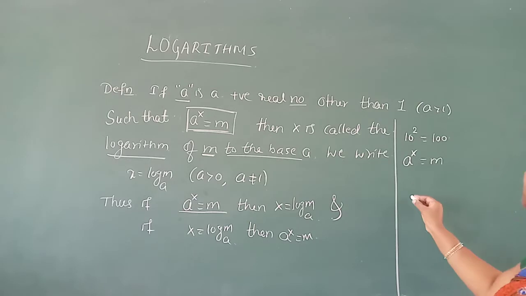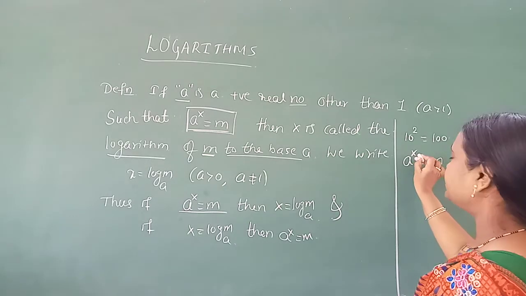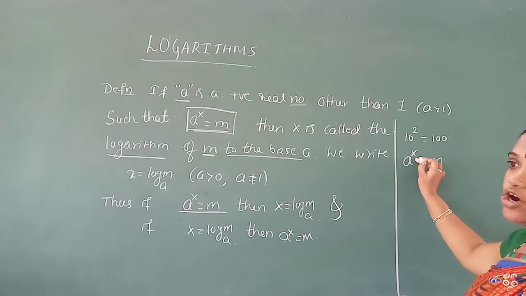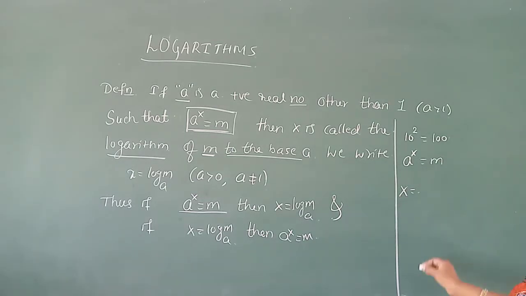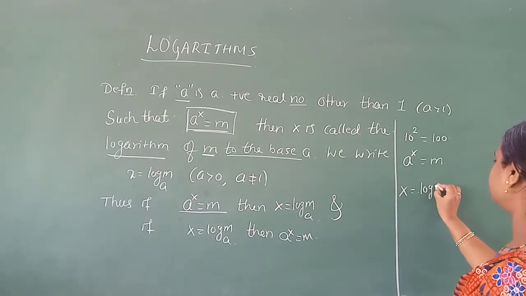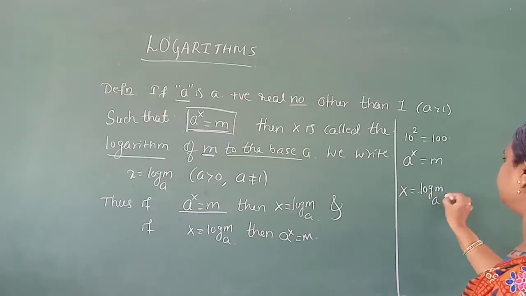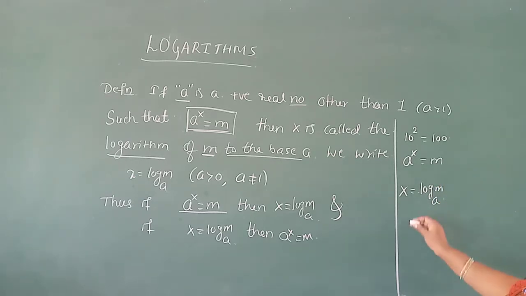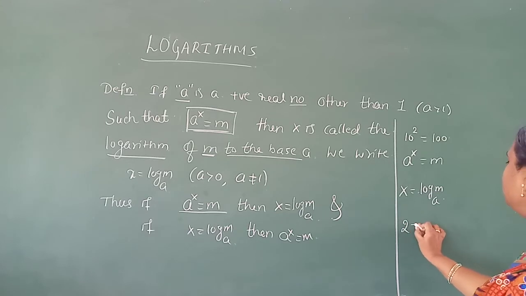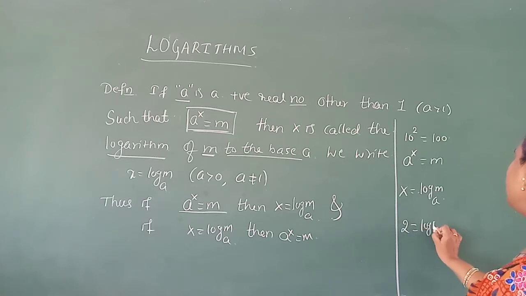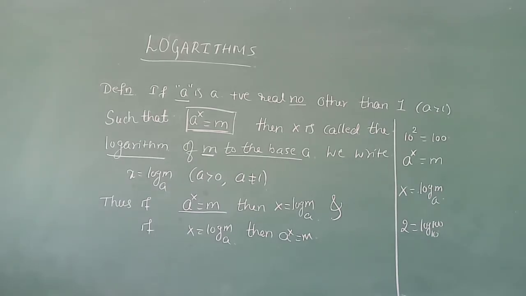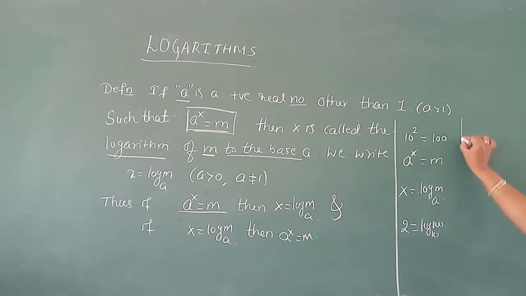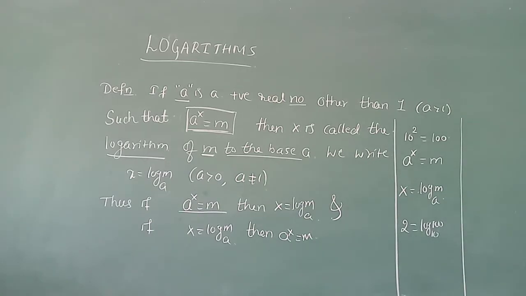But our definition says the x, the index or the power, is nothing but the logarithm value, that is log of m to the base a. What is our x here? 2. 2 is equal to log 100 to the base 10. In this way, we can write the example.